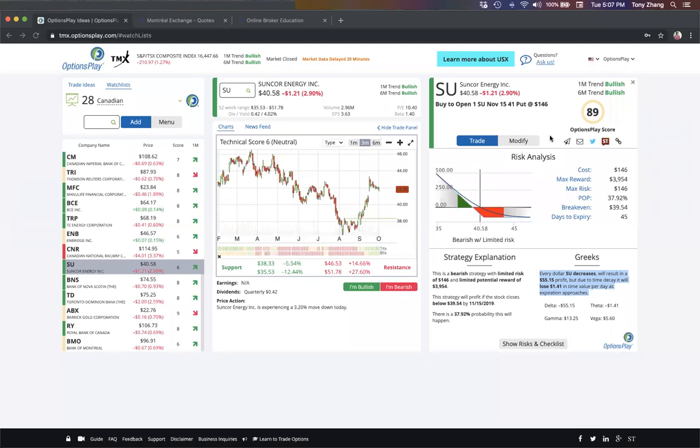The strike price selection will be the same regardless of whether you're trading intraday or longer term. I wouldn't change my strike prices depending on my holding period. You might want to change your expiration dates, so you might not go a month and a half out if you're trading a shorter term. You might maybe trade a 3 or 4 week option, but I wouldn't change my strike price.